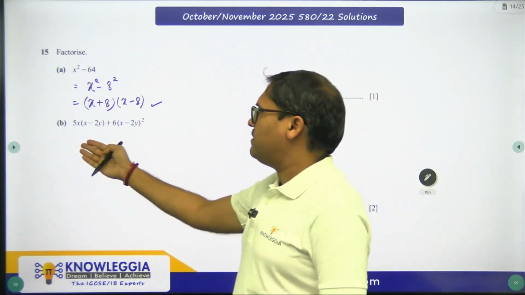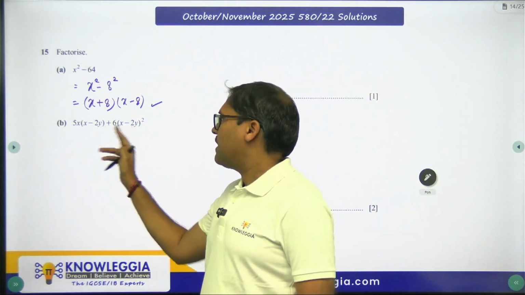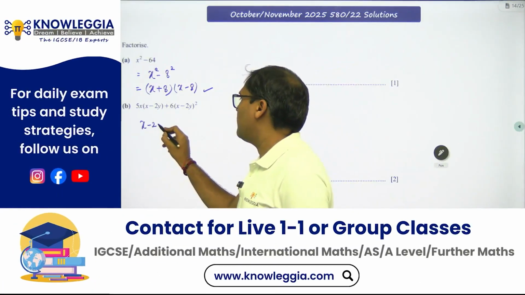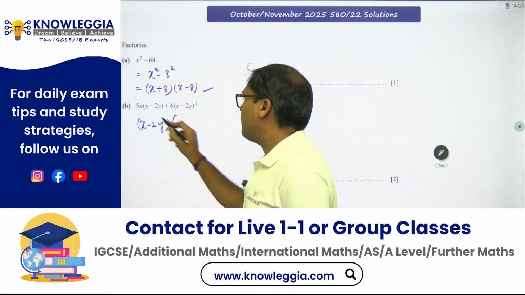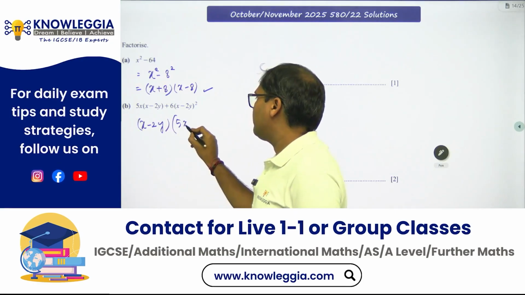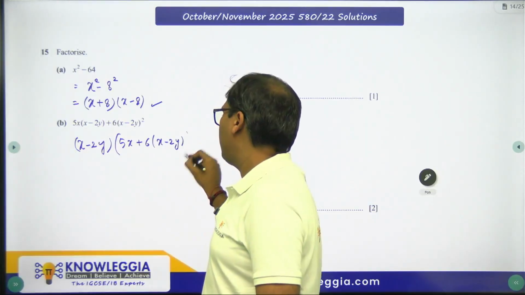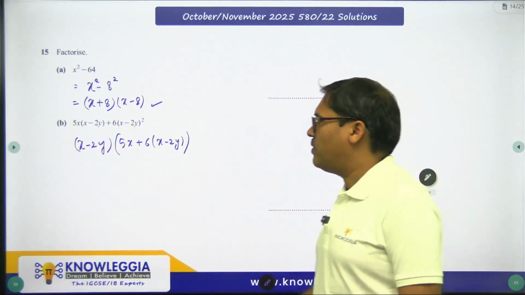Now here you have to factorize this, and it's clearly given that you can take out a common factor. What is the common factor here? This is x minus 2y. You can take out this, and what is left here? This is 5x plus, what is left here? This is x minus 2y, 2y is left. So now what is this?